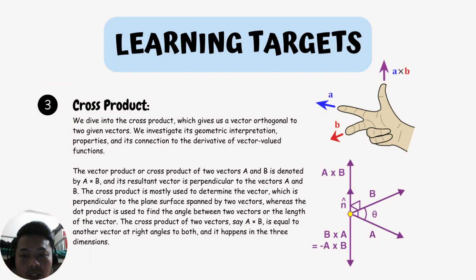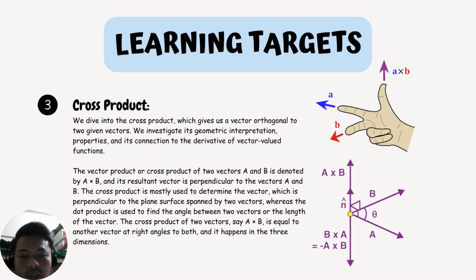Alright, for the cross product, we dive into the cross product, which gives us a vector orthogonal to two given vectors. We investigate its geometric interpretation, properties, and its connection to the derivative of vector valued function. The vector product or cross product of two vectors a and b is denoted by a times b, and its resultant vector is perpendicular to the vectors a and b.